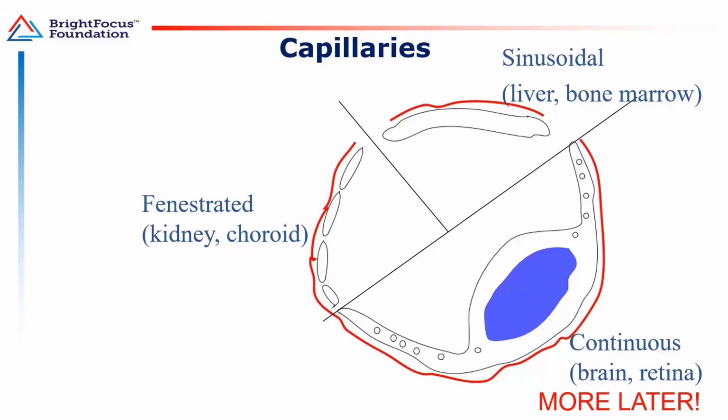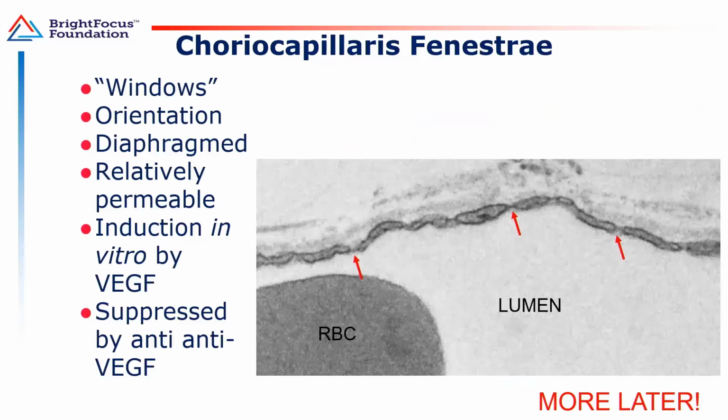And then this intermediate kind of capillary is called fenestrated endothelium, and that's what's seen in the choroid and in the kidney. So choriocapillaris has what are called fenestrae, and this in Romance languages is the word for window. You can appreciate these little windows where the endothelium looks sort of pinched.